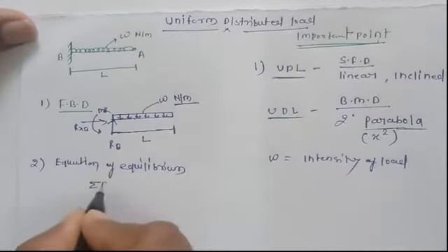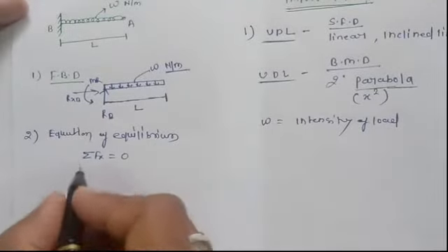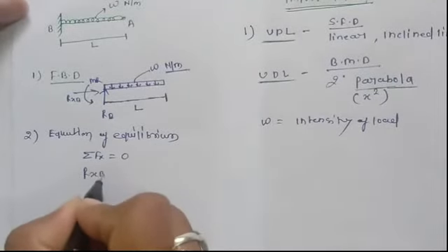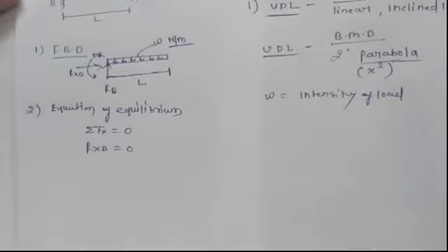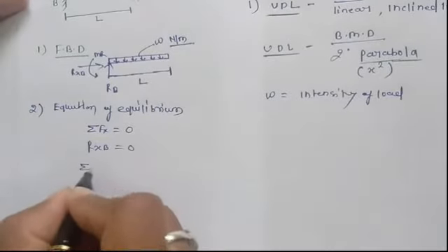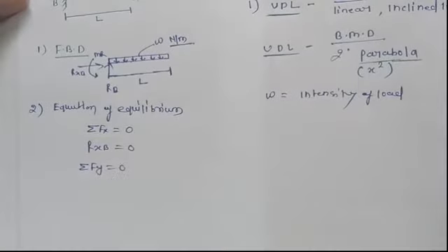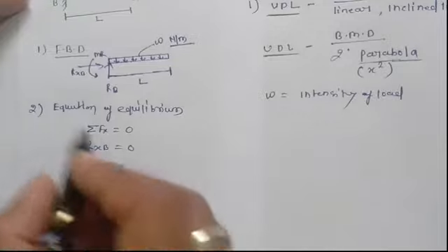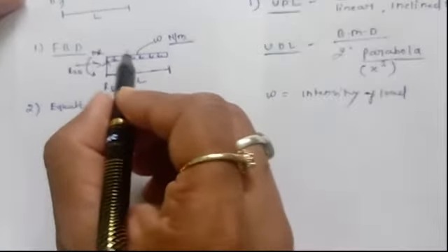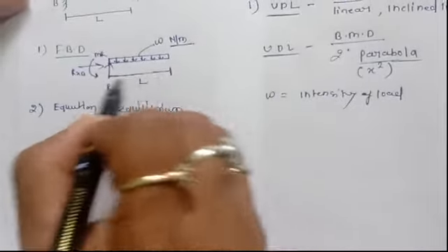Summation of Fx equals 0. There is no horizontal load except RAX, so RAX is 0. Then similarly the summation of Fy will be there. Fy means only the vertical forces we will consider. So here the vertical forces are RB, and this W which is acting over the length L.